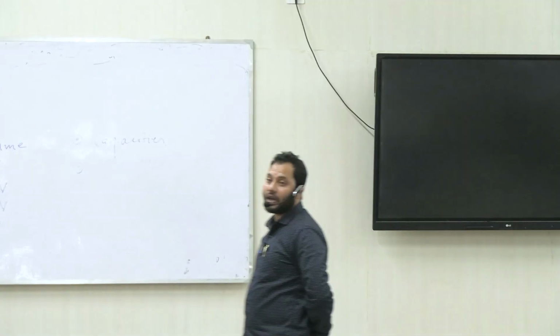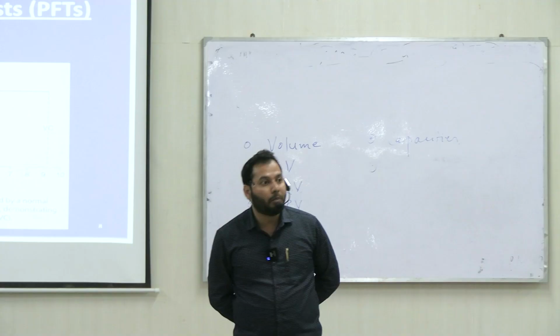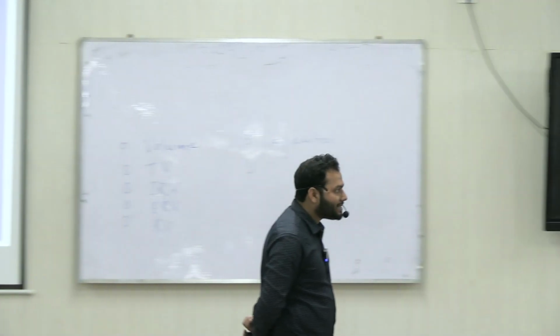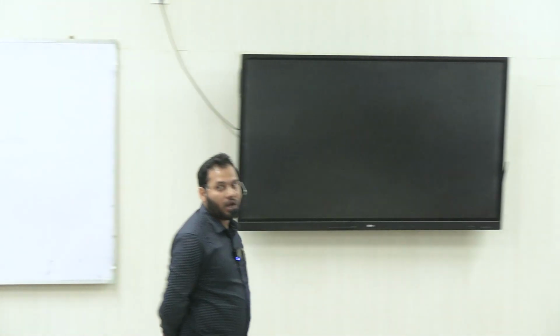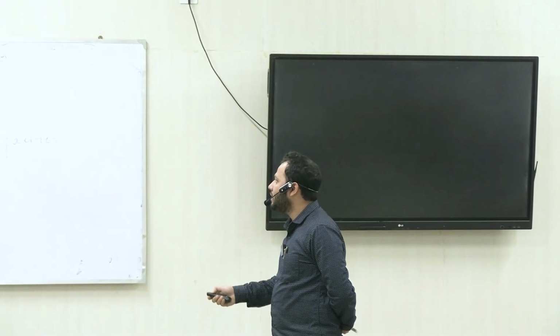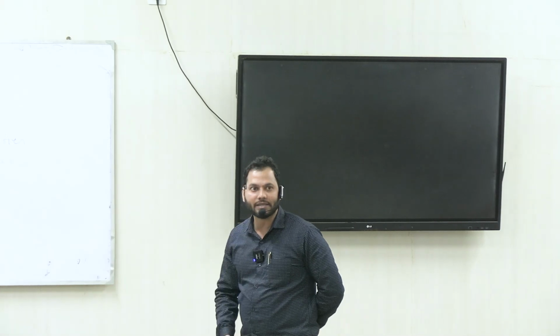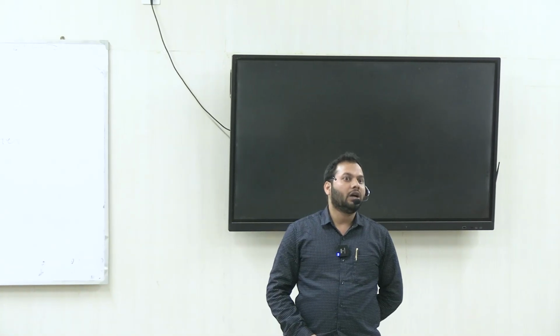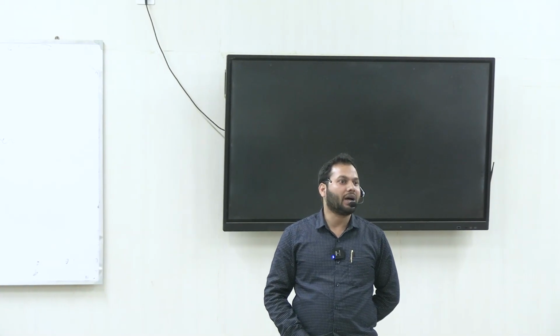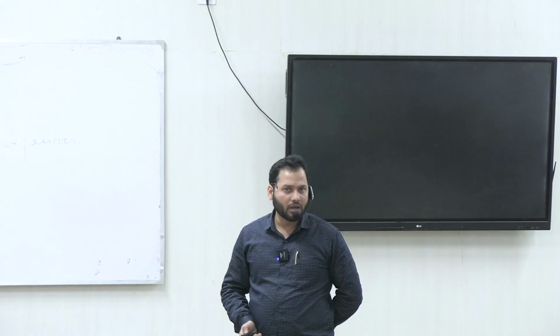So if the ratio of FEV1 by FVC is 80% or more, then only can we say the person is in normal condition, which is reflected in this curve. In this particular case, the FEV1 by FVC ratio is 80%. It means the person's breathing capacity is normal. The person does not have any type of obstructive condition.